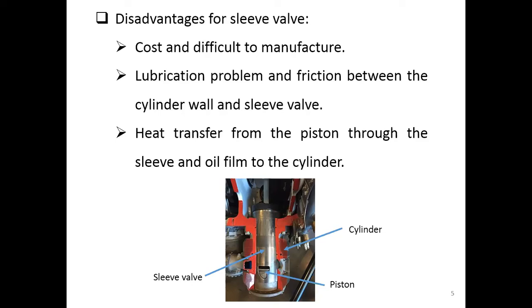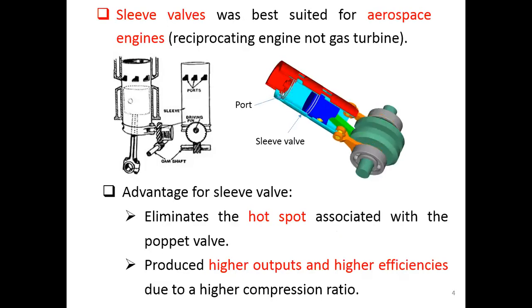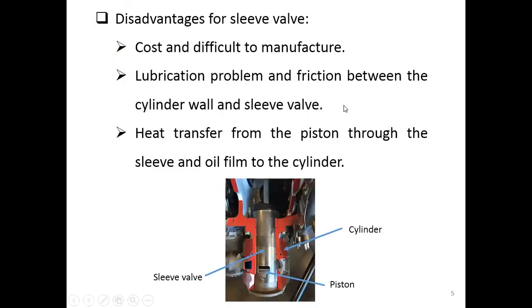Heat transfer and friction are all surface phenomena. So if you have higher surface area, that means this sleeve valve can transfer the heat that happens inside here to the cylinder wall. So you have this advantage for the sleeve valve.